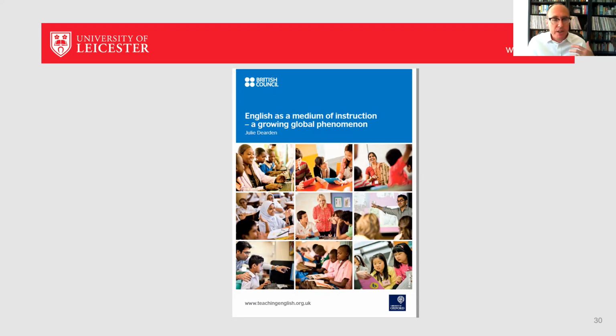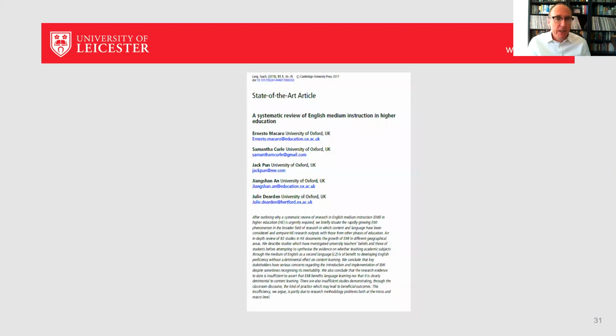Julie Dearden's report from 2015, which is available through the British Council webpage for download, is very good. Perhaps getting a little dated now, but still well worth reading. This 2018 State of the Art article, though, is excellent and really gives excellent detail regionally on what's going on. And I say 2018, so it's pretty up to date as well.